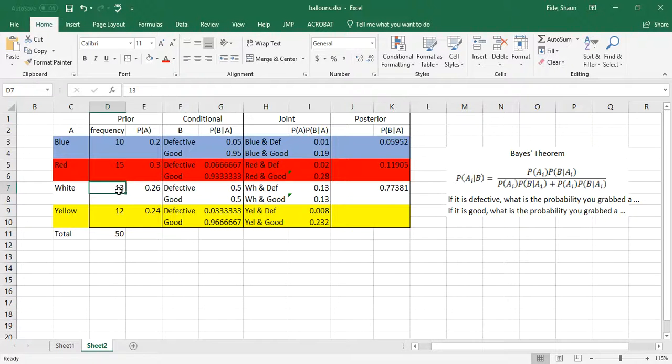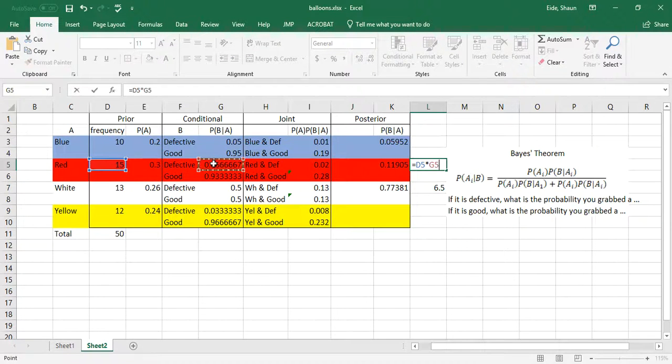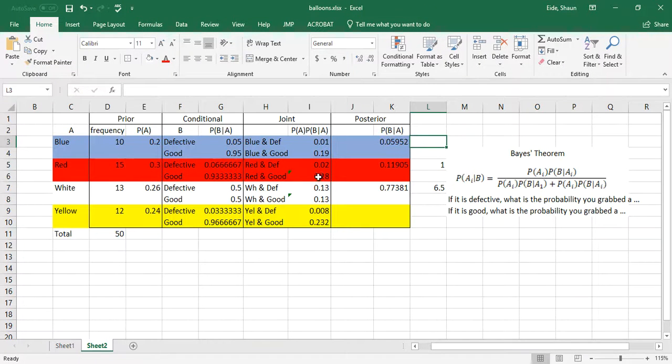Let's take a look at this really quick. White equals 13 multiplied by the defective rate, and we can tell that there's probably 6.5 defective white balloons. Then red equals 15 multiplied by 0.066, so there is about one defective red balloon.